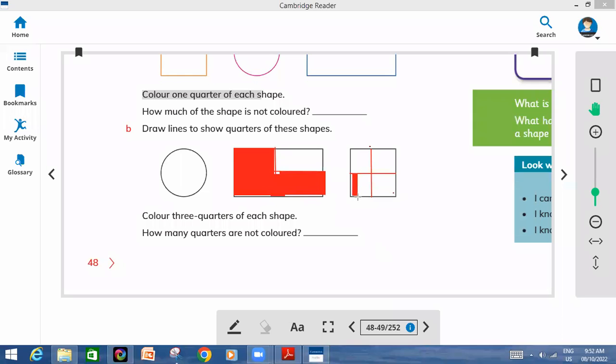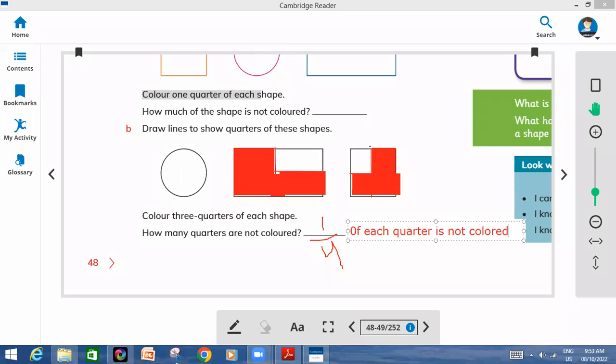You can use color pencils. Here, how many quarters are not colored? So 1/4 of each shape is not colored.